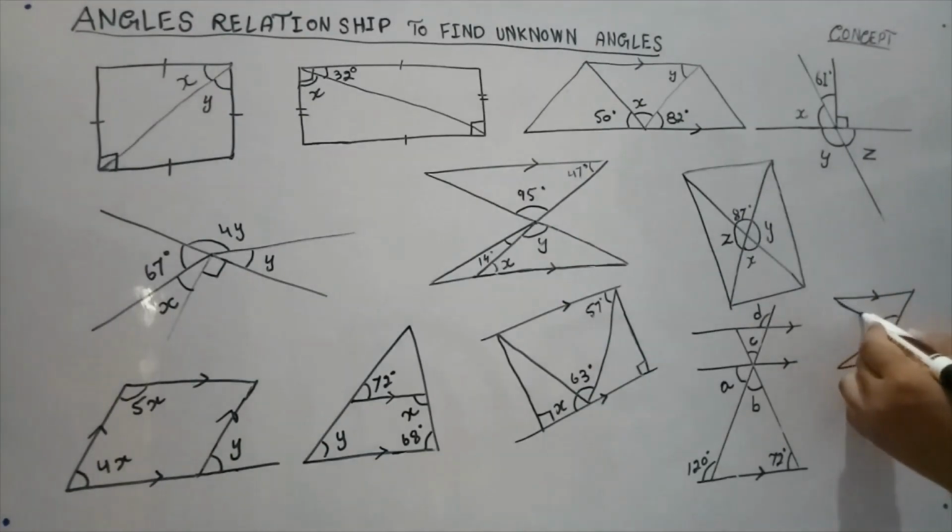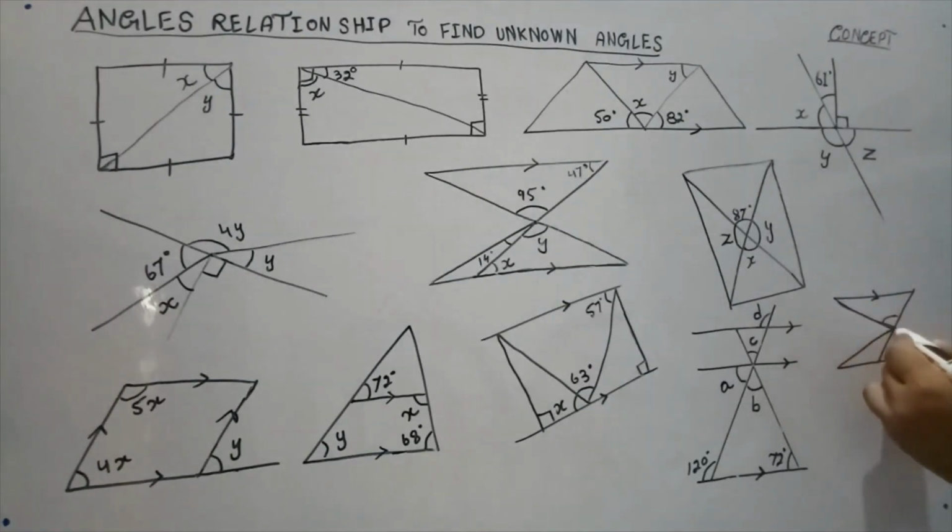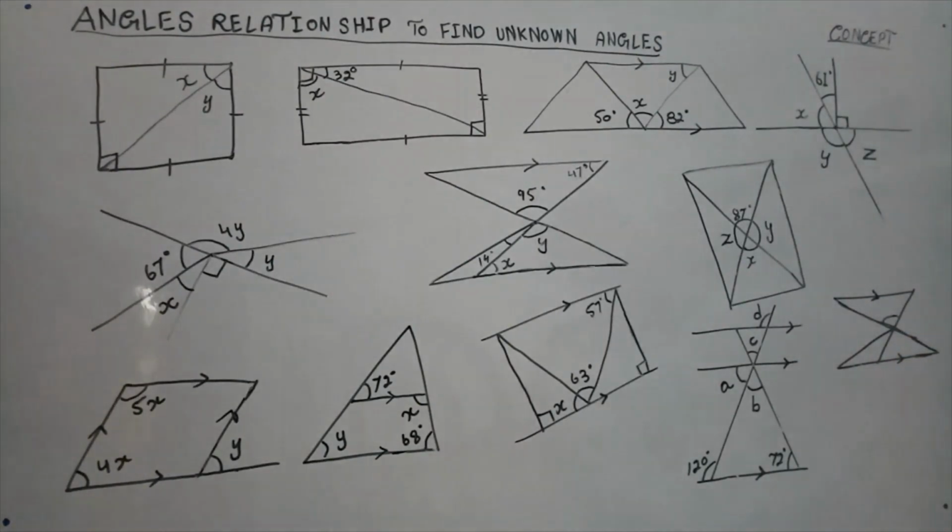It's also a straight line we have. So this is a straight line we have, and this is a straight line we have, and these two lines are parallel to each other.